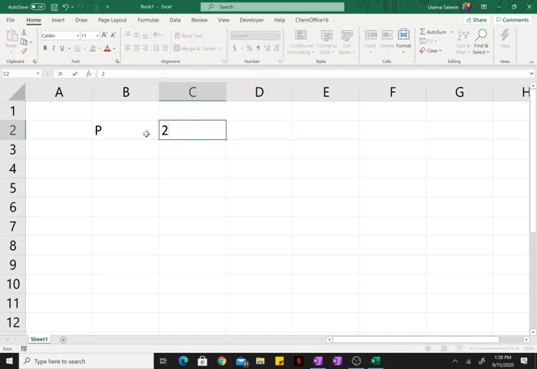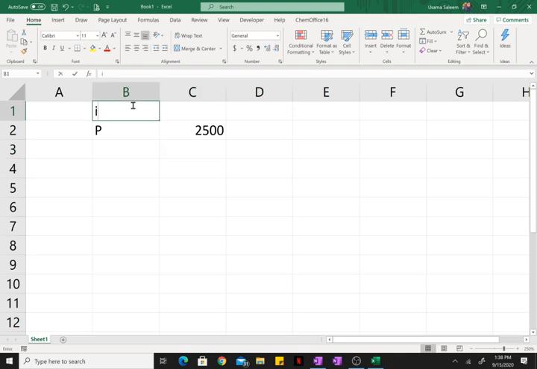Okay, so we have our present value, 2500, and our interest rate is 0.05. Now I'm going to represent my cash flows. I have my years in this column, and it goes from year 0, 1, 2, and 3.